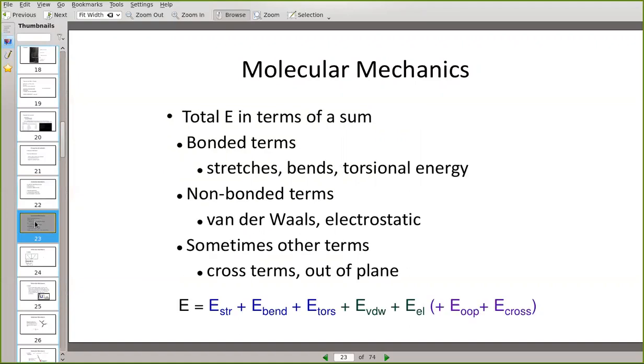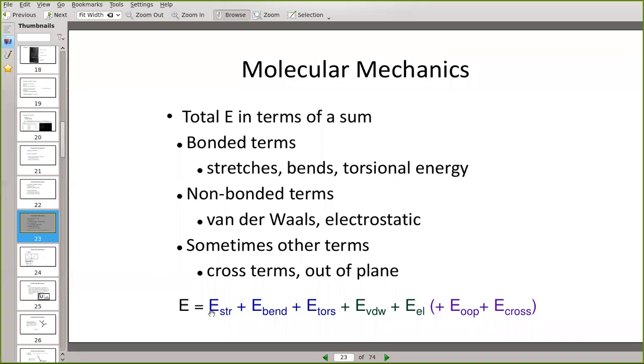Okay, so in molecular mechanics, you have a total energy, and the total energy has many terms. Depending where you look, you will have different terms, but the ones that are common everywhere you look will be your bonded terms: stretches, bends, and torsions.